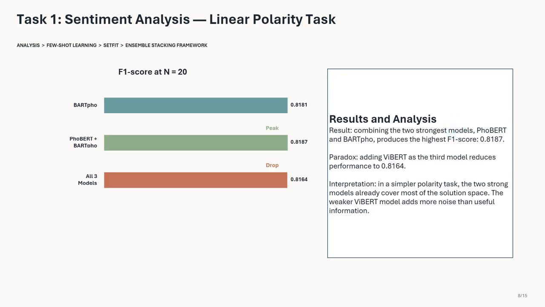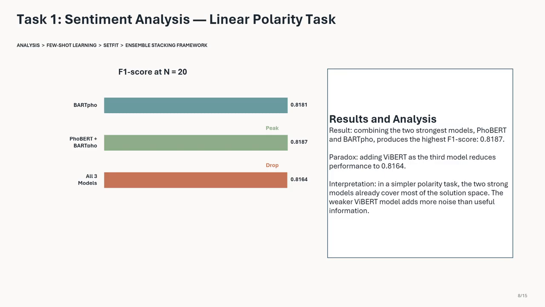For sentiment analysis, the best result is achieved by combining PhoBERT and BARTpho. This combination reaches an F1 score of 0.81 at N20. However, when we add ViBERT, the score drops slightly to 0.80.